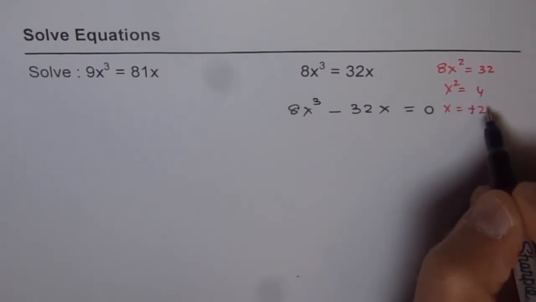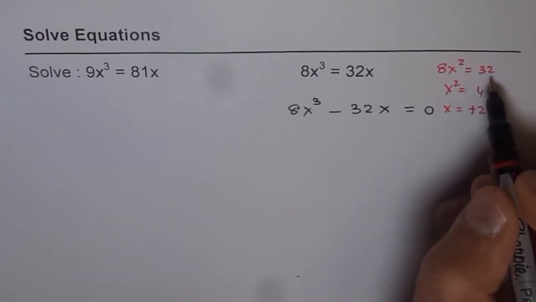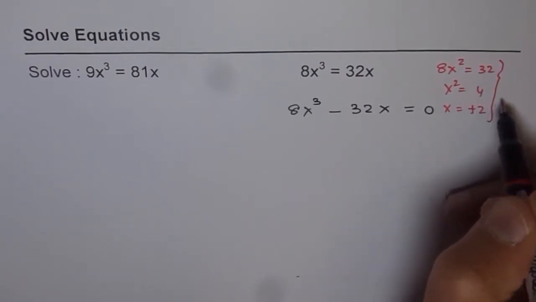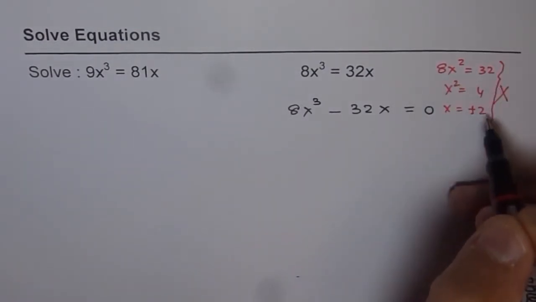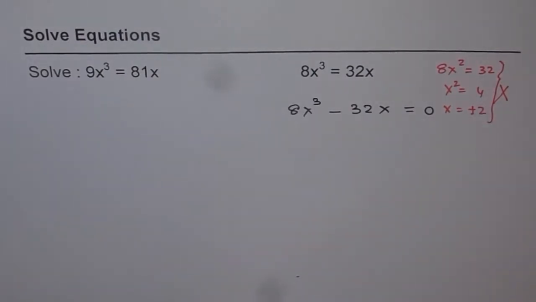In that case, you are losing some solution, so that will not be the right solution. This is actually a wrong solution. When we solve, we'll see how it is wrong. We don't get the full solution this way, so that should be avoided.